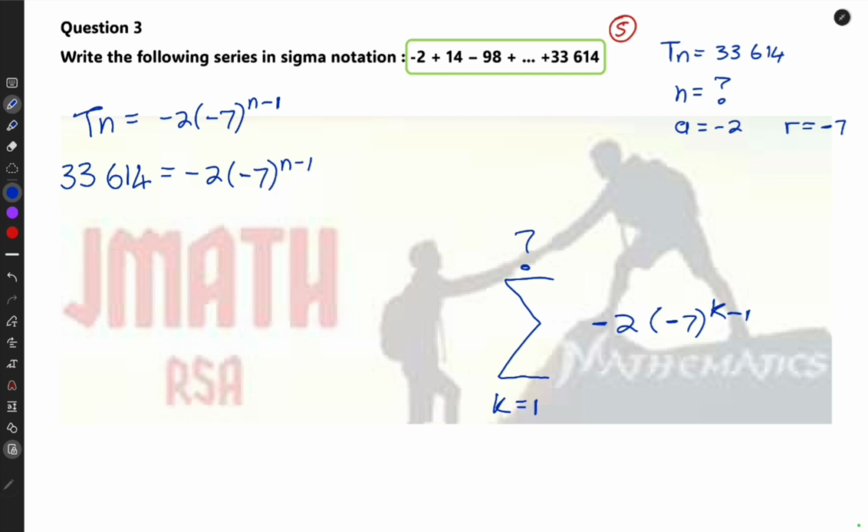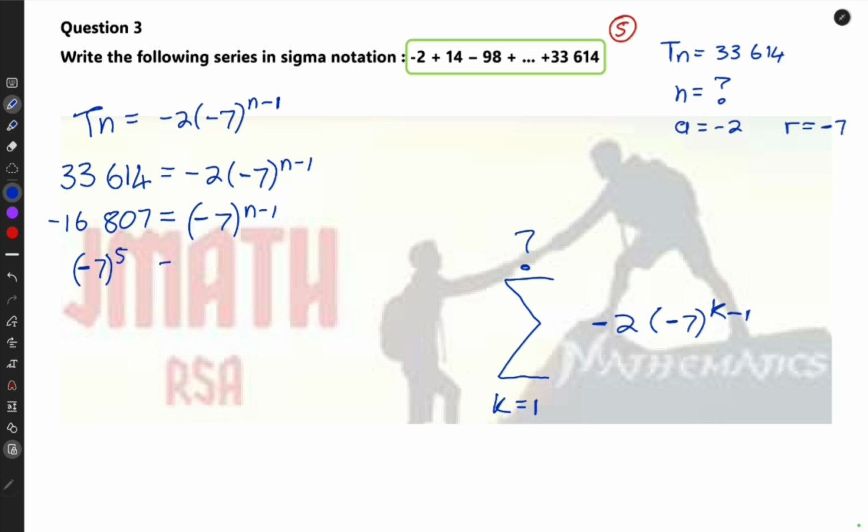First step, I'm going to divide by -2, and that is going to give me minus 16807 equals minus 7 to the n minus 1. Now remember, your calculator won't like the minus, so just ignore the minus for now and put it in your answer. The calculator would say it's 7 to the power 5.